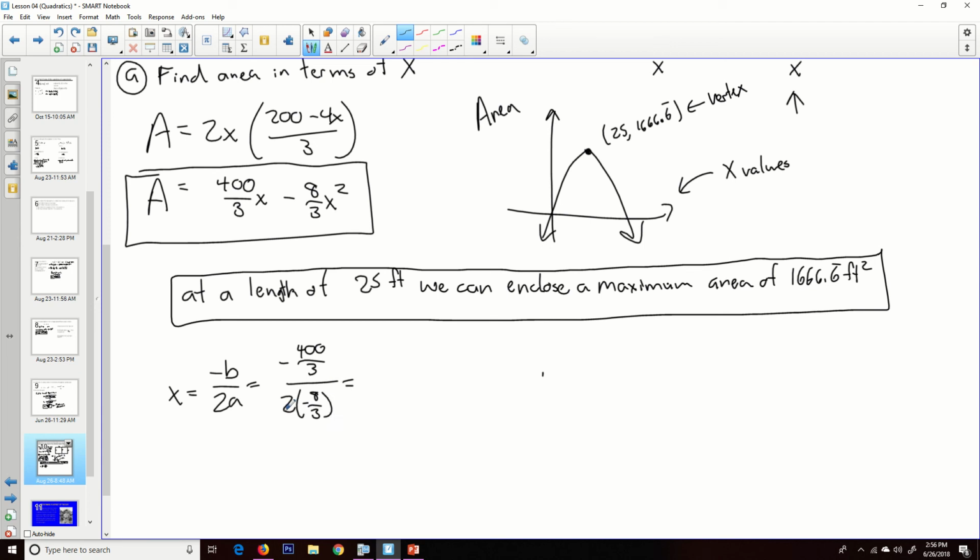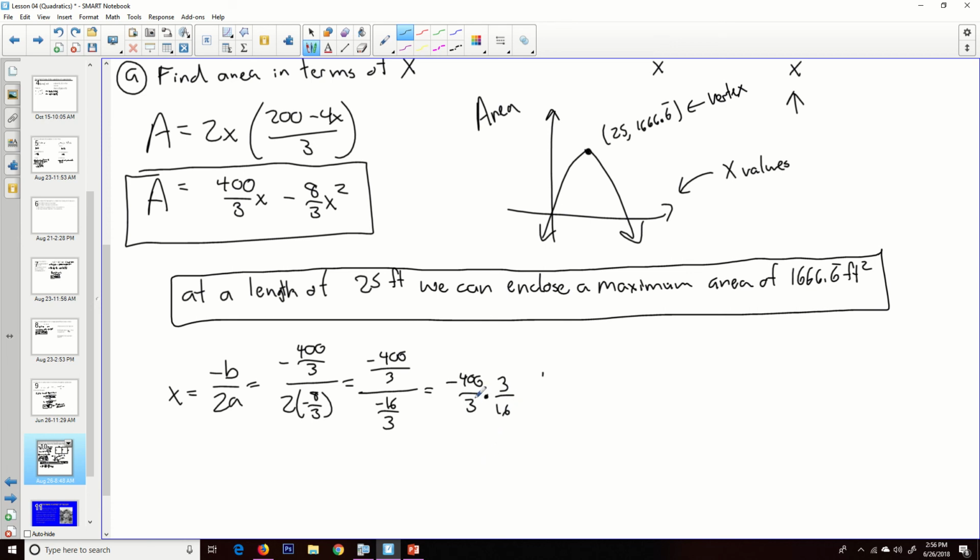So simplifying the bottom, when you multiply fractions, remember 2 is 2 over 1, so I multiply the numerators and the denominators, I would have negative 400 over 3 all over negative 16 over 3. If you divide fractions, you multiply the numerator by the reciprocal of the denominator. So I have negative 400 over 3 times 3 over 16.